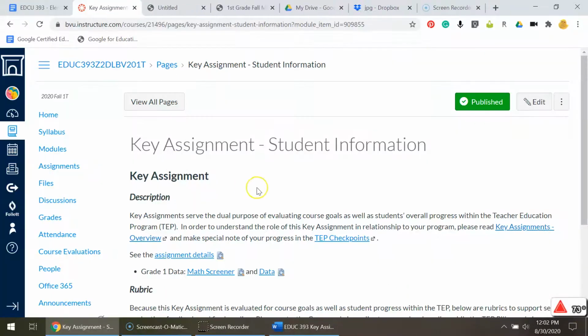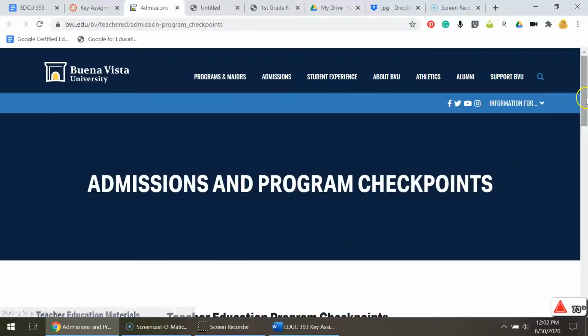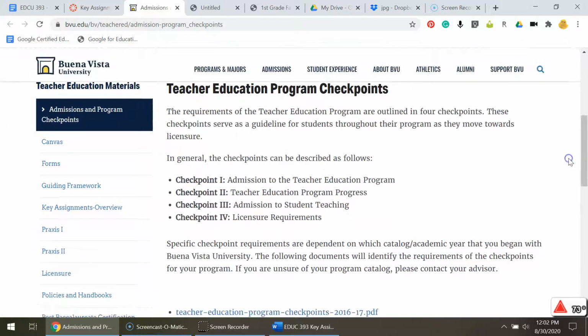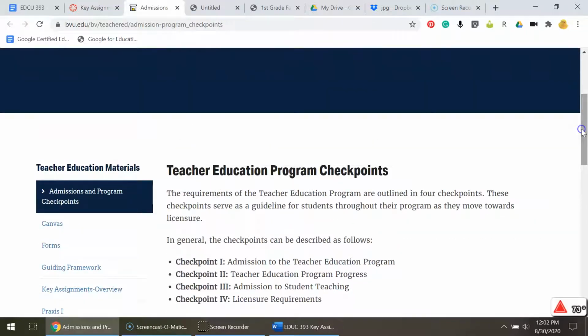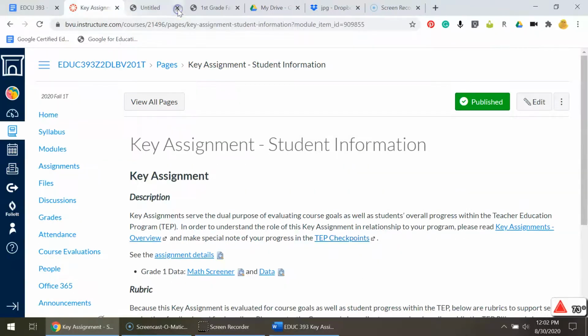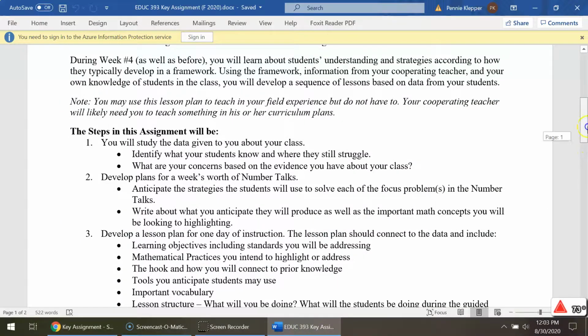If you have any questions on that, please contact me and I'll be more than happy to discuss that with you. And then here are the actual checkpoints for this as well. So those are listed there, and you can go back through and look at the PDFs and so on in there as well.